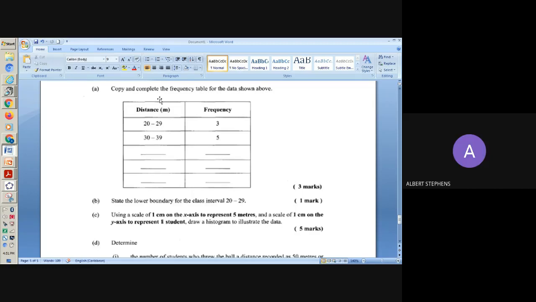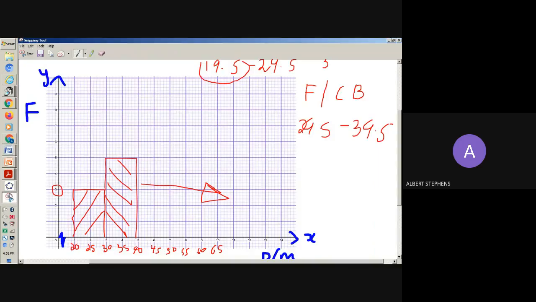You see in CXC, they give you one line to measure, right? Then they say to measure that line using a ruler. And the true measurement of this line is say 3.5. Let's say that's 3.5 centimeters.